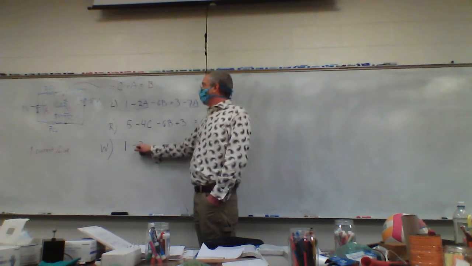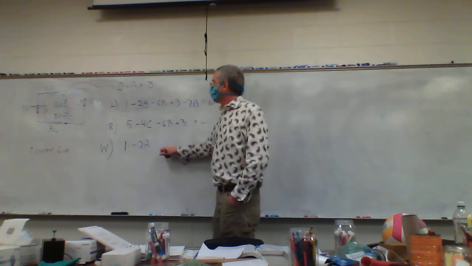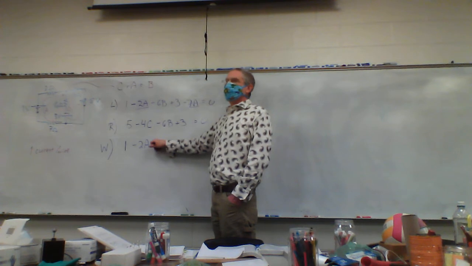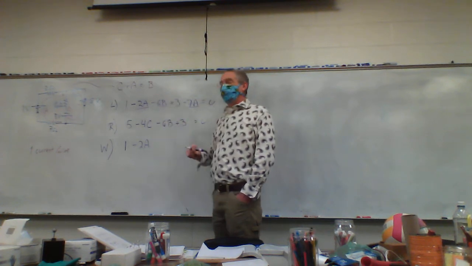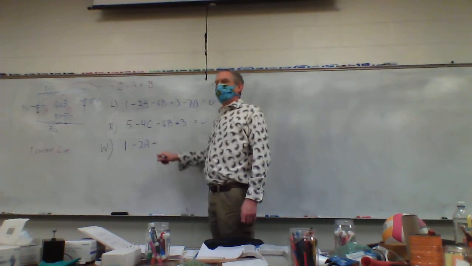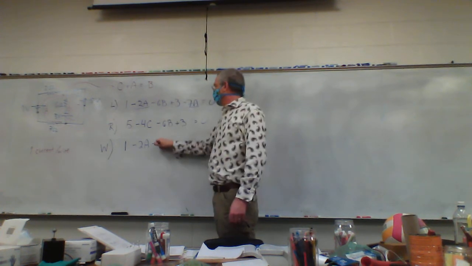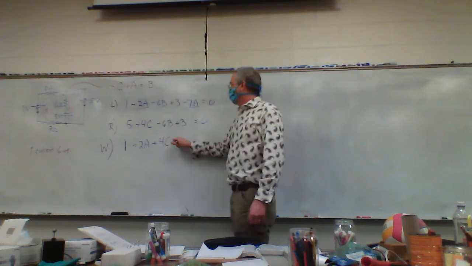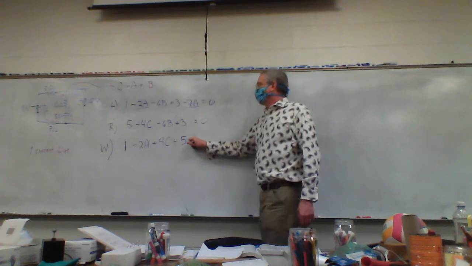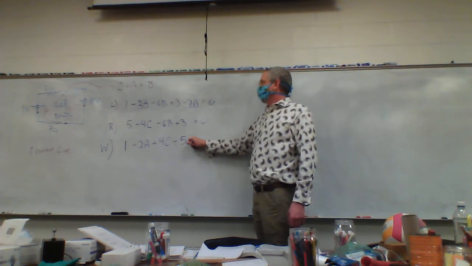Minus 2A. Minus 4C. Or do we go in the middle? No, the 4 ohm resistor is the right one. Okay. It would be plus 4, because we're going against current. Plus 4C. Minus 5. Yep. Minus 7A.